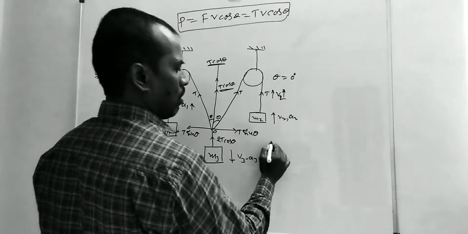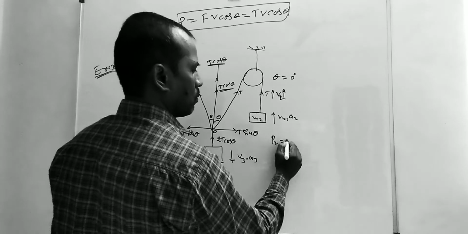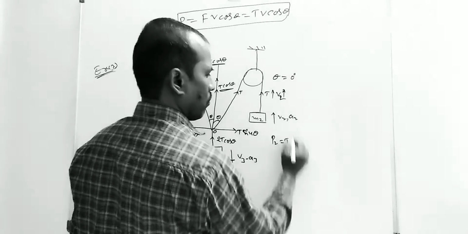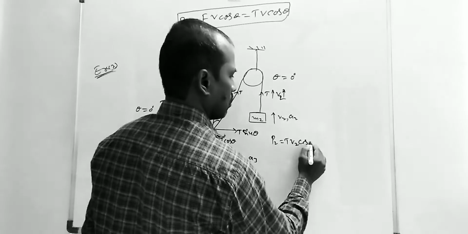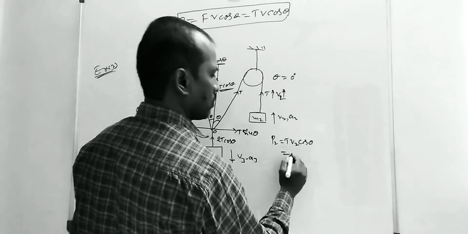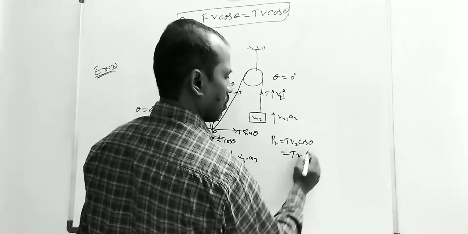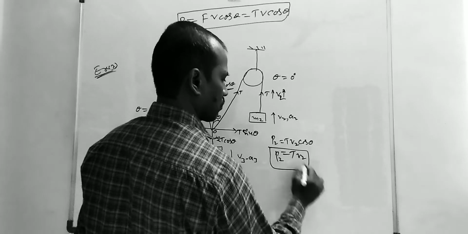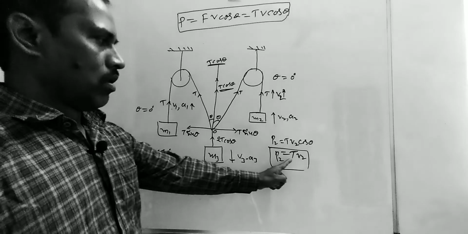P2 is equal to T v2 cos 0, and cos 0 is equal to 1, so P2 is equal to T v2.